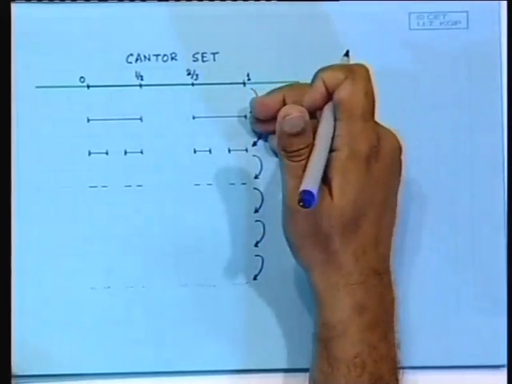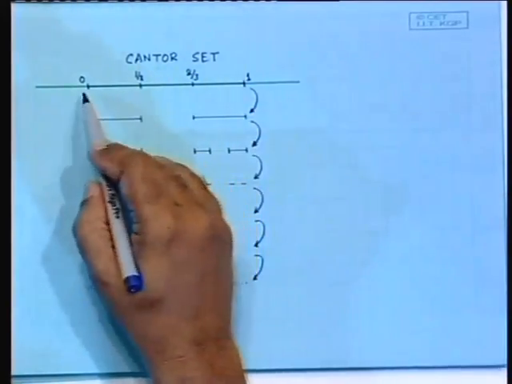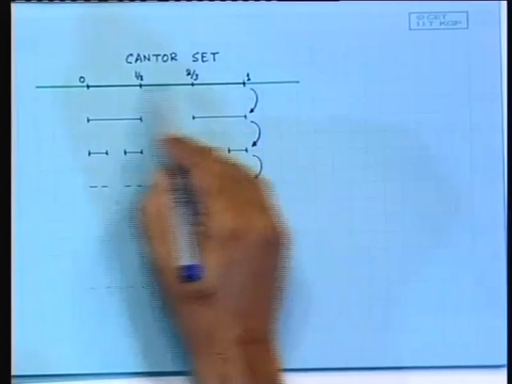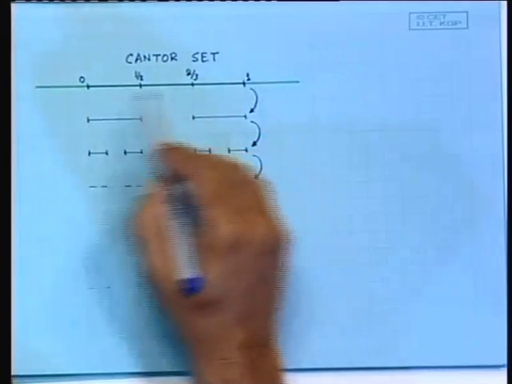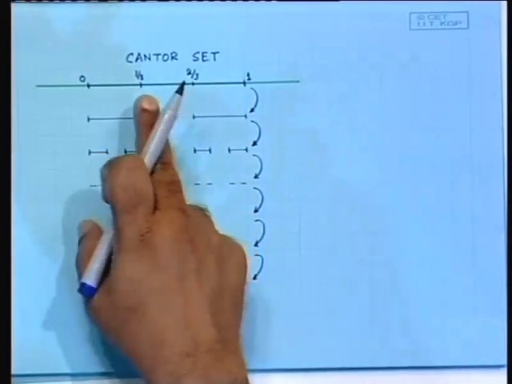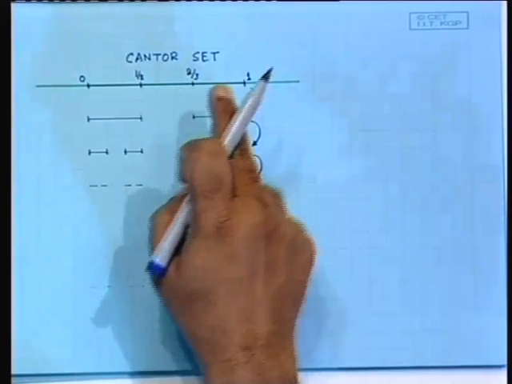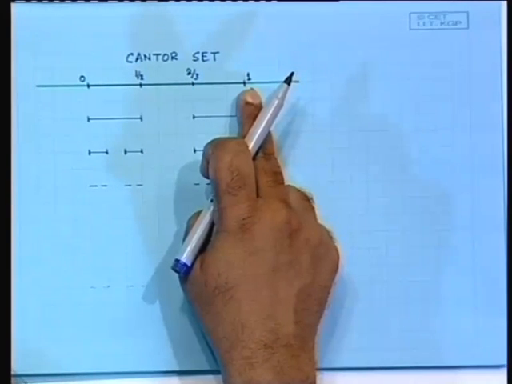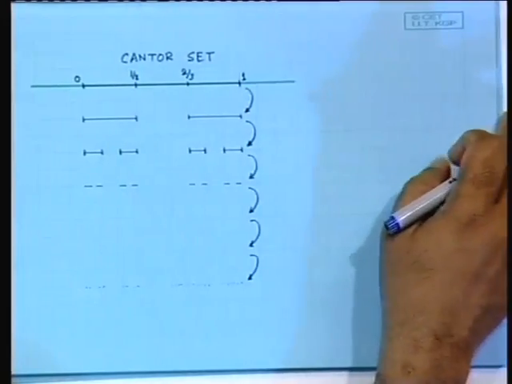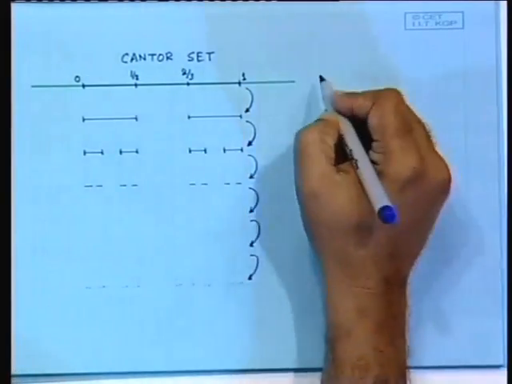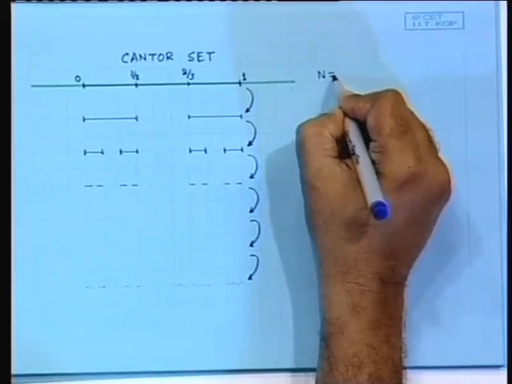After the first step, if we have divided this range between 0 to 1 into these 3 boxes, the first one between 0 to 1/3, second one between 1/3 to 2/3 and third one between 2/3 to 1, then how many boxes do we really need in order to cover this object? 2. So, we have n is equal to 2.